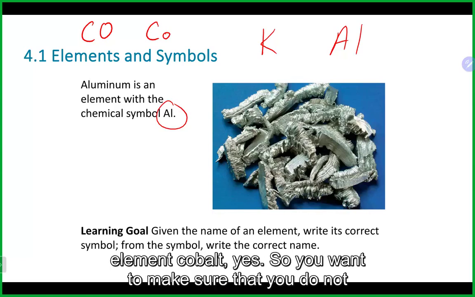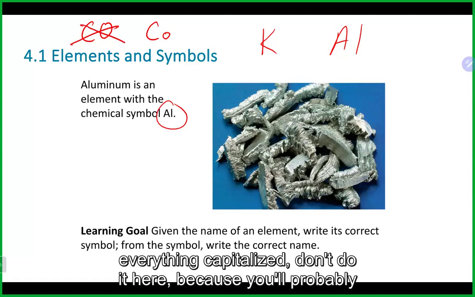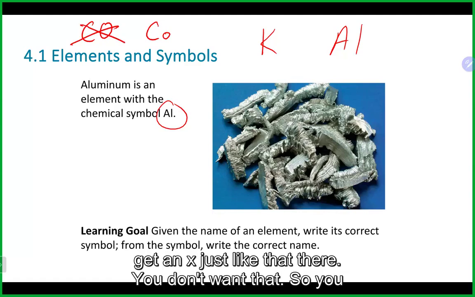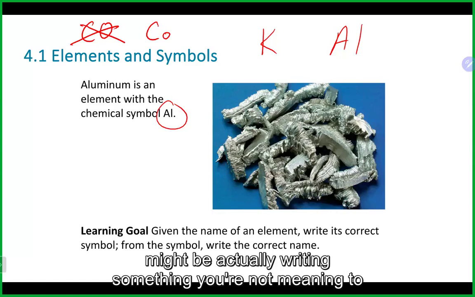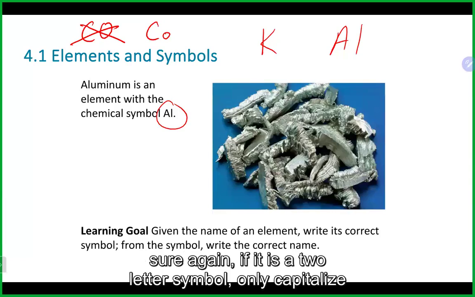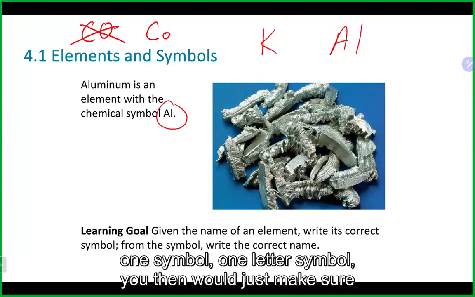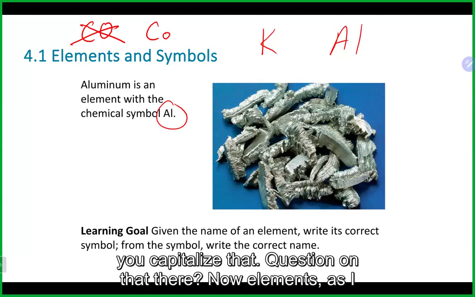So you want to make sure that you do not write capital letters for all symbols. Even if you write everything capitalized, don't do it here because you'll probably get an X. You don't want that. You might be writing something you're not meaning to by just capitalizing. So if it is a two-letter symbol, only capitalize the first one and lowercase the second letter. And if it's a one-letter symbol, make sure you capitalize that.